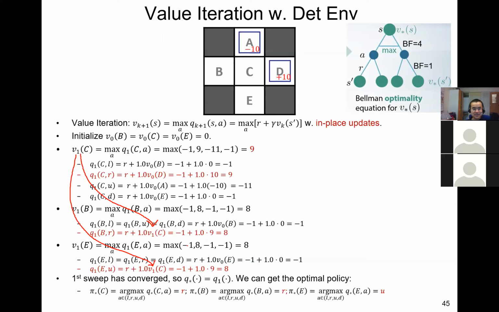And next iteration, we see the new value of V1, we can use the V1 directly.